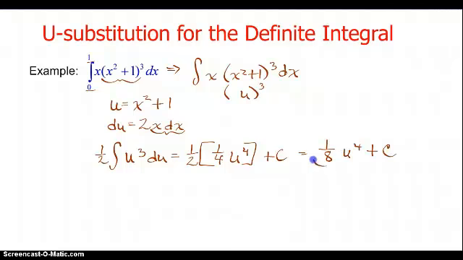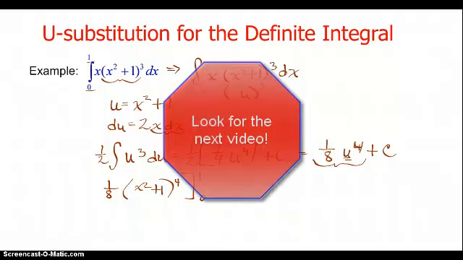Now, I am just going to borrow from this antiderivative function this part of big F. I don't need the plus c. I just need the antiderivative function, and I'm going to back substitute in terms of the original variable. So I'm going to put x squared plus 1 to the 4th in there, and then I'm going to show that I'm fixing to do the fundamental theorem. I'll stop right here and pick it up in the next video.